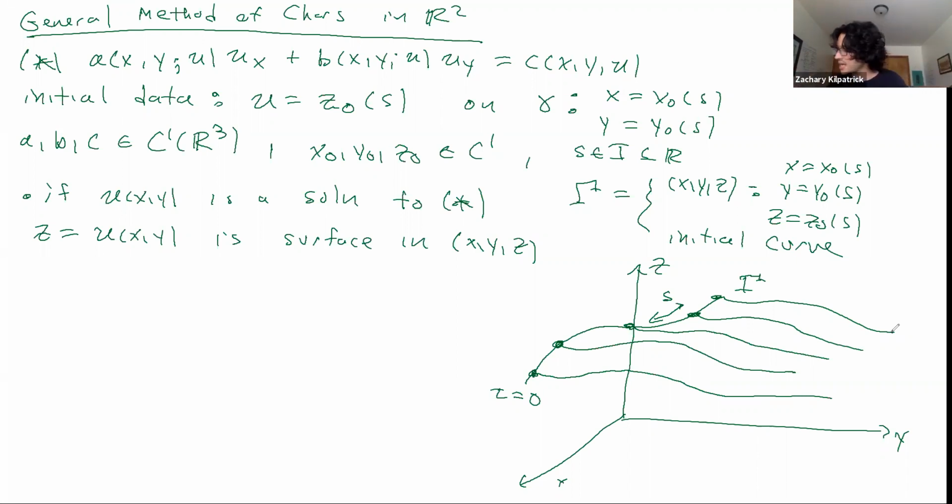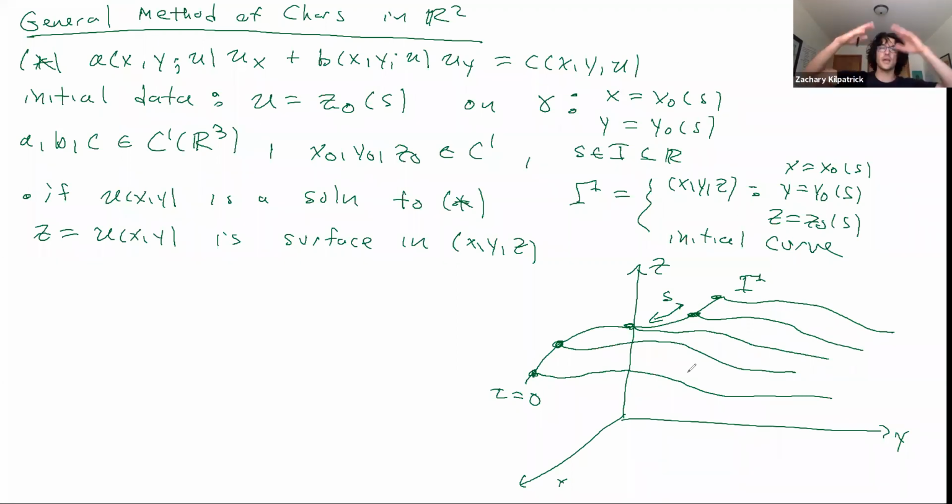So the idea is that if I stay along one of these curves, I should have the same profile as my initial value.